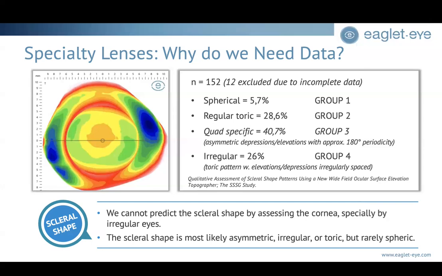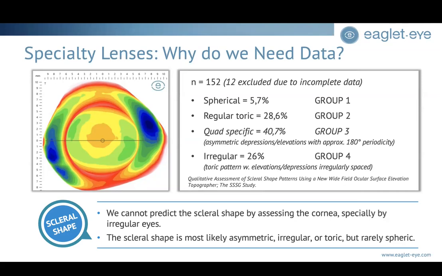The reality is that where we started off fitting scleral lenses that were largely spherical, as time has gone on through study, looking at data driven from taking measurements like what you see on this screen, we have found that eyes are not the same right and left. In fact, most eyes are more asymmetric than symmetric.